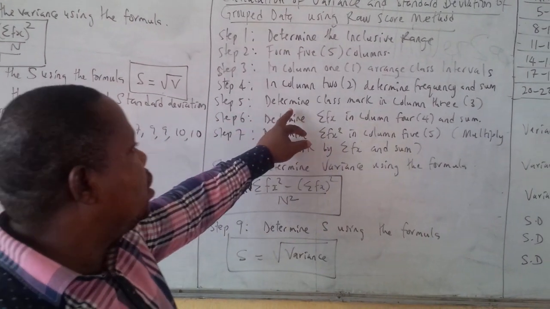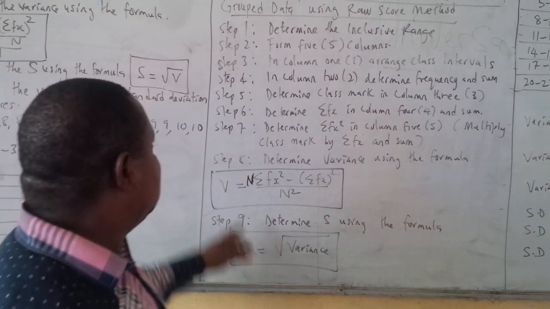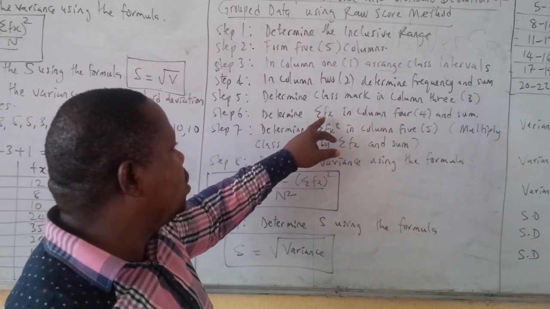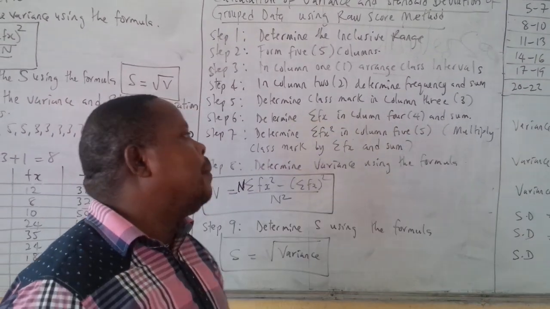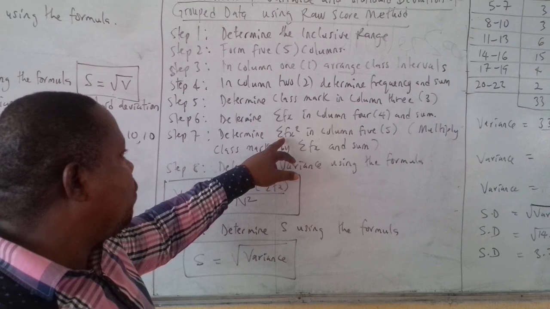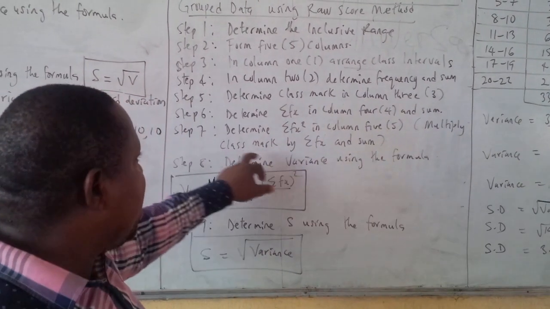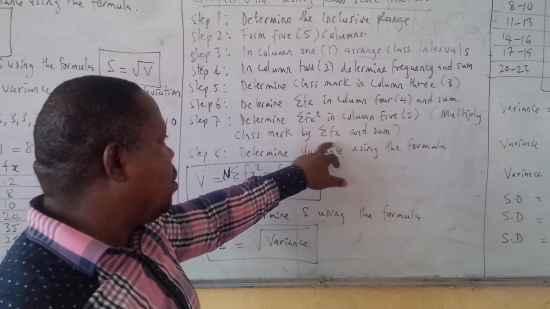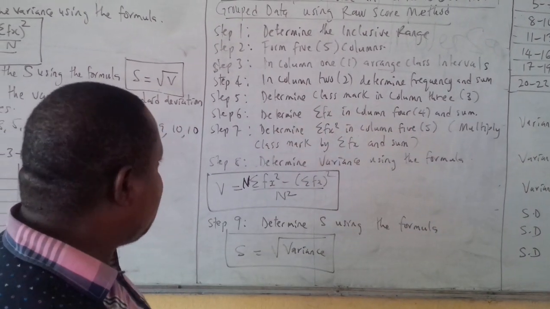Step 5, determine class mark in column 3. Step 6, determine sum of fx in column 4 and sum. Step 7, determine sum of fx squared in column 5. That is, multiply class mark by fx and sum to obtain sum of fx squared.